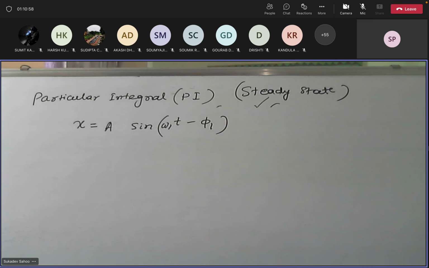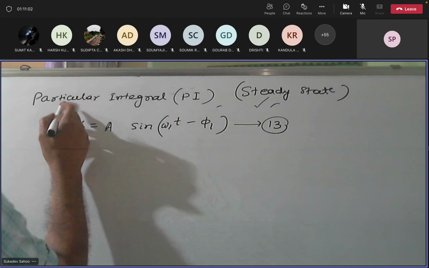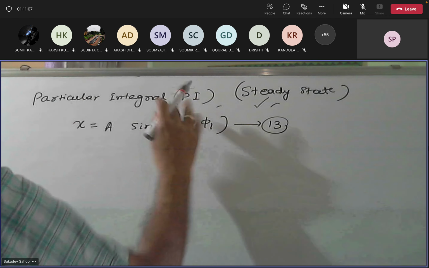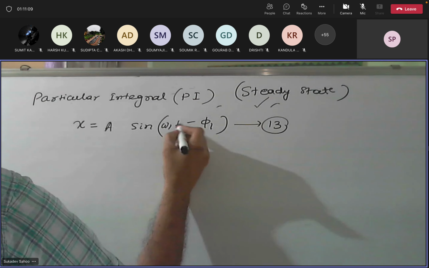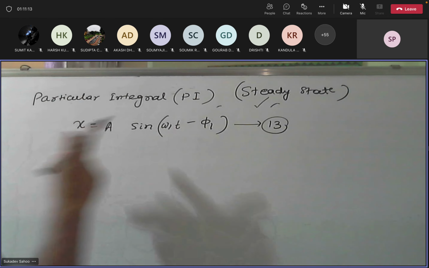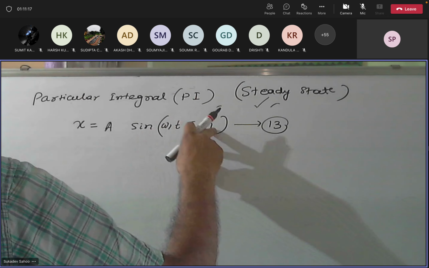Since this implies the steady state, in the steady state the body vibrates with the frequency of the external periodic force, omega 1. Hence we have written sine omega 1 t minus phi 1. In the previous case it was sine omega t minus phi.